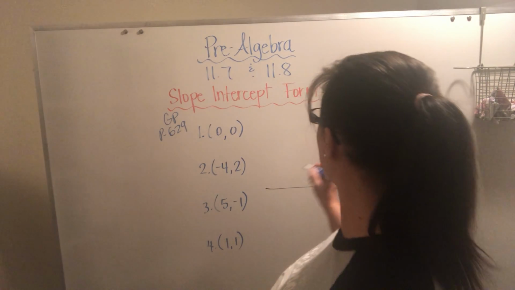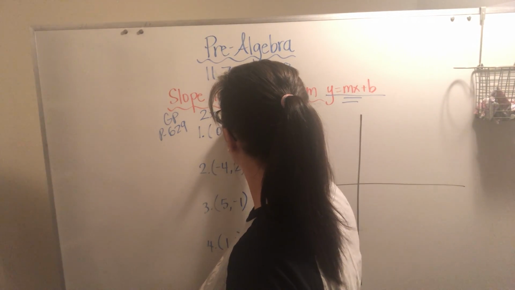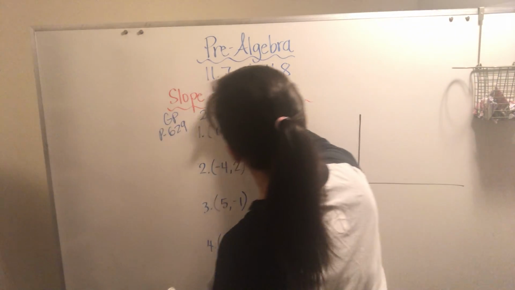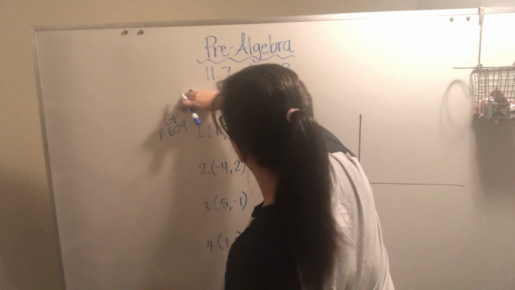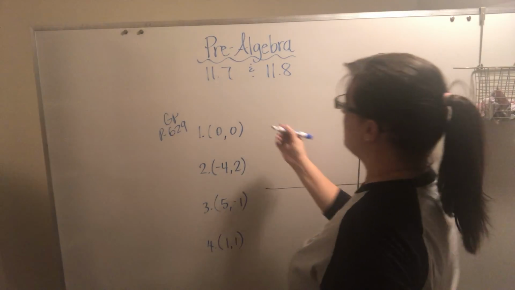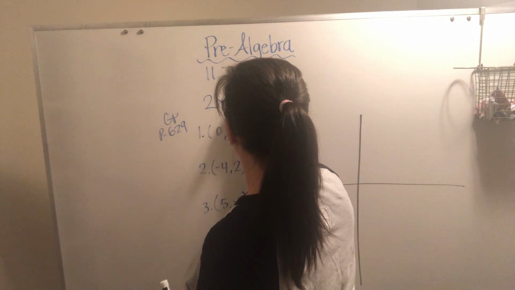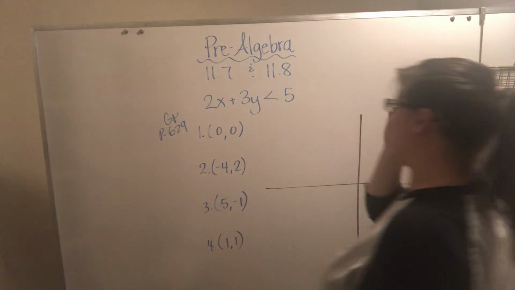2x plus 3y, this is the equation we're using. You know what I'm going to go ahead and do? I'm going to erase this, just so we have a little more room to look at our equation up here. So the equation for this set, 2x plus 3y is less than 5, okay?